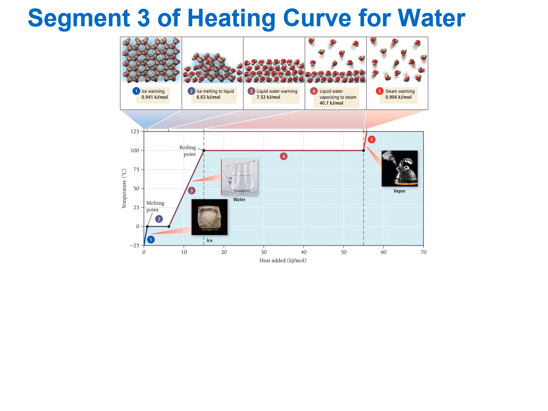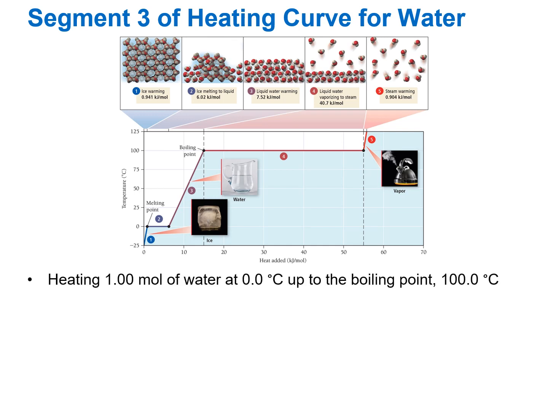Now we're looking at segment 3 in our heating curve, and now we're going from a temperature of 0 all the way up to a temperature of 100. We're still dealing with 1 mole of water, and it's going to undergo a temperature change. Whenever you see that temperature change, you want to be thinking about using this formula.